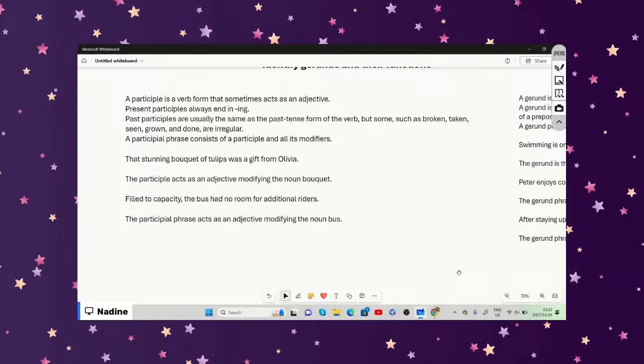But some of the past tense verbs, such as broken, taken, seen, grown, and done, are irregular. Because remember, with irregular past tense verbs, we don't just follow any specific rules. There's no rule that says we must add ed, or just add a d. So you're just basically going to have to know that irregular verb.